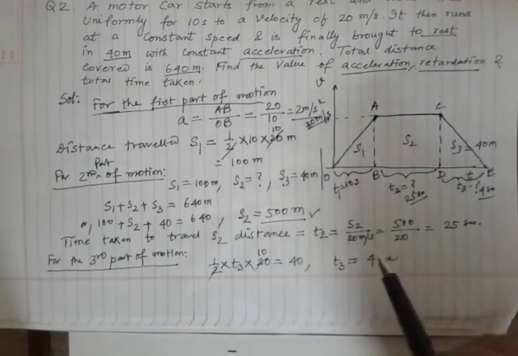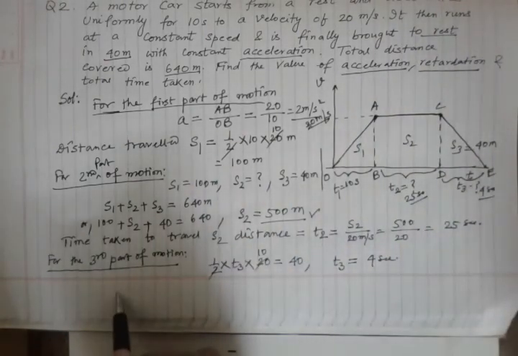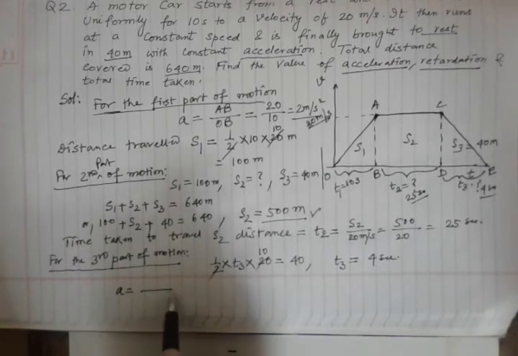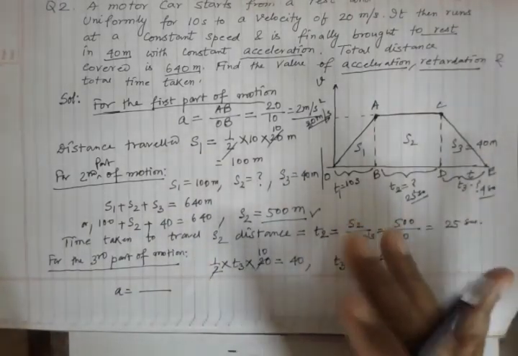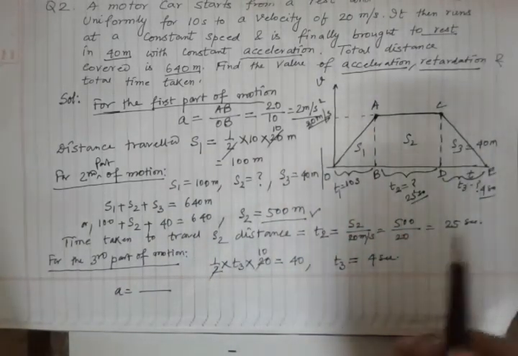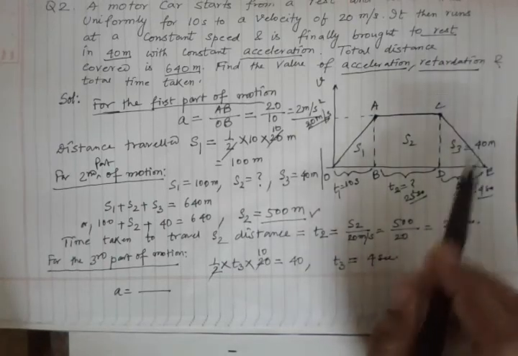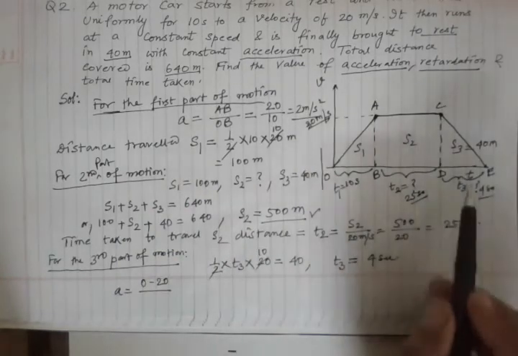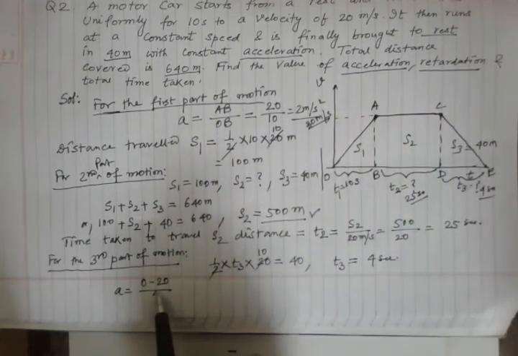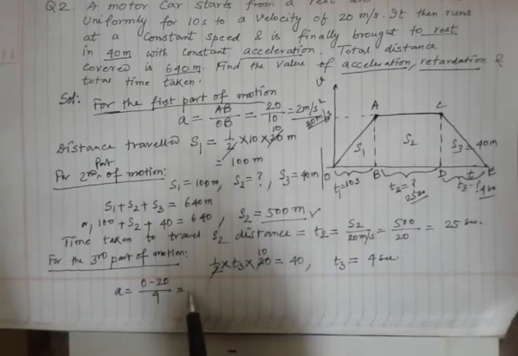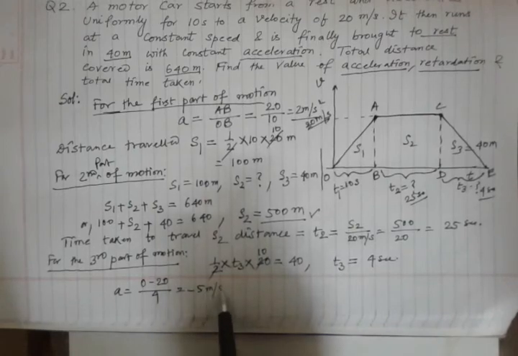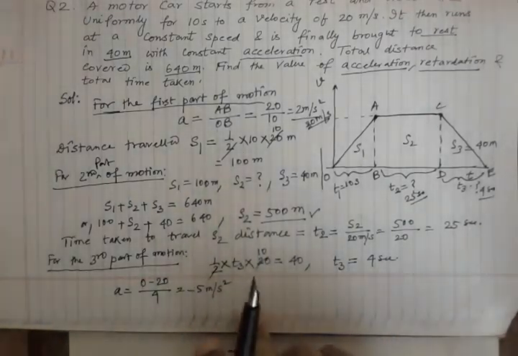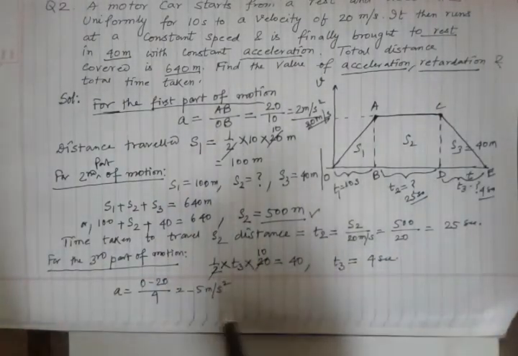But if you want to find out retardation, a is equal to final minus initial by time. What is the final velocity? 0. What is initial? 20. So 0 minus 20. How much time it takes? 4 seconds. So you'll get minus 5 meter per second square. That is the retardation.